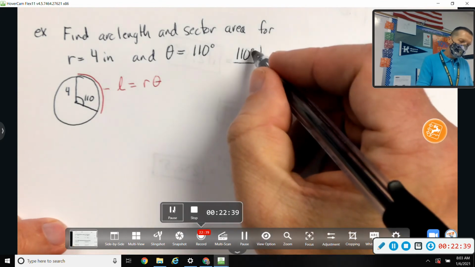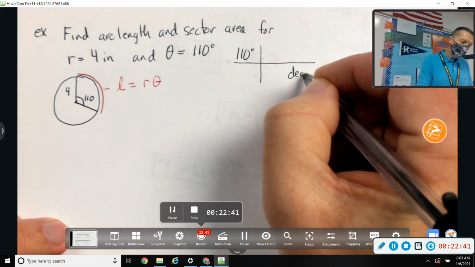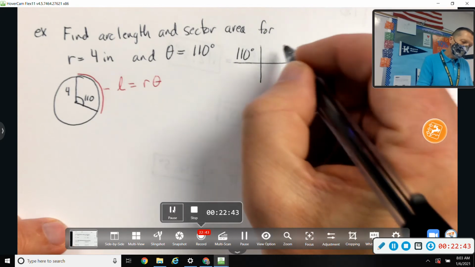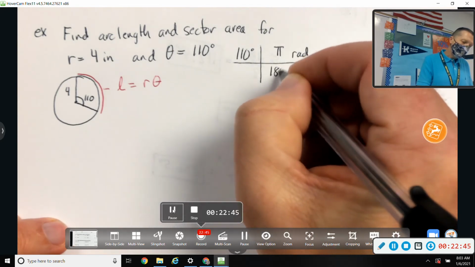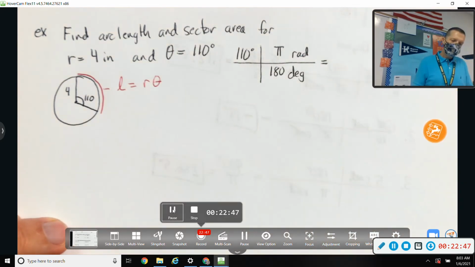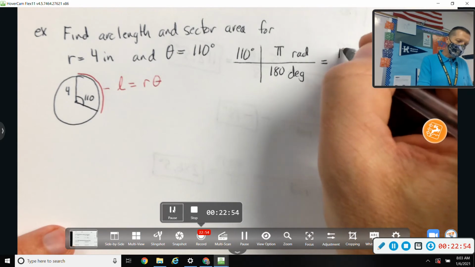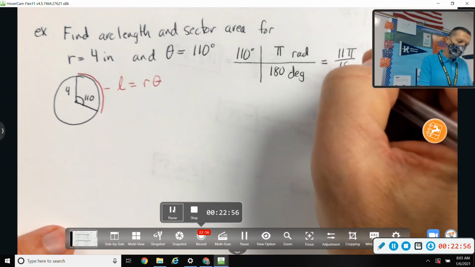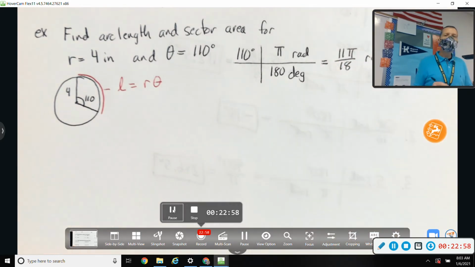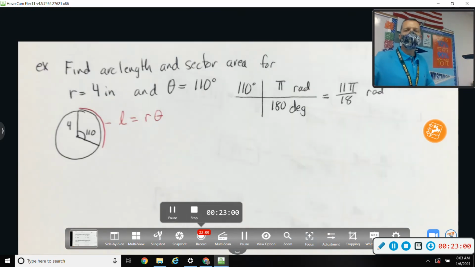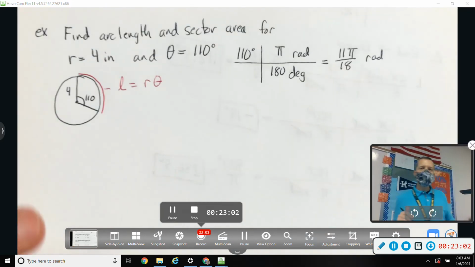I want the degrees to go away, so I need degrees in the bottom and radians in top. And pi radians is 180 degrees. The zeros cancel, so 11 pi over 18 radians. I mean, I'm not done, but that's my angle in radians now.